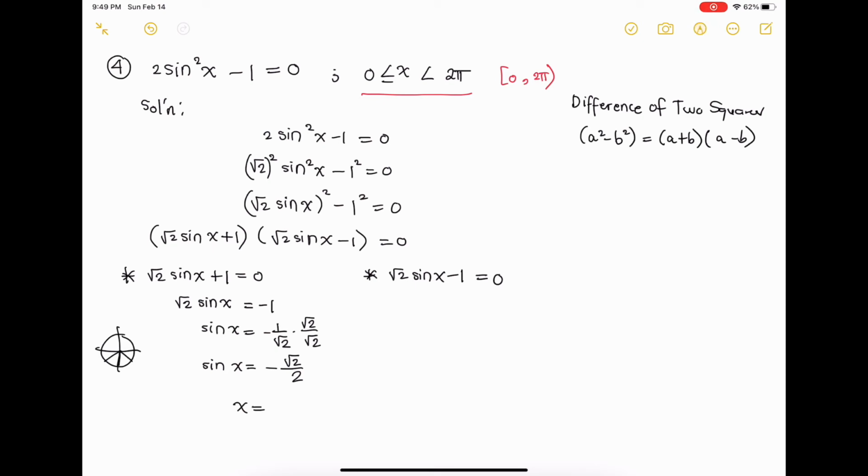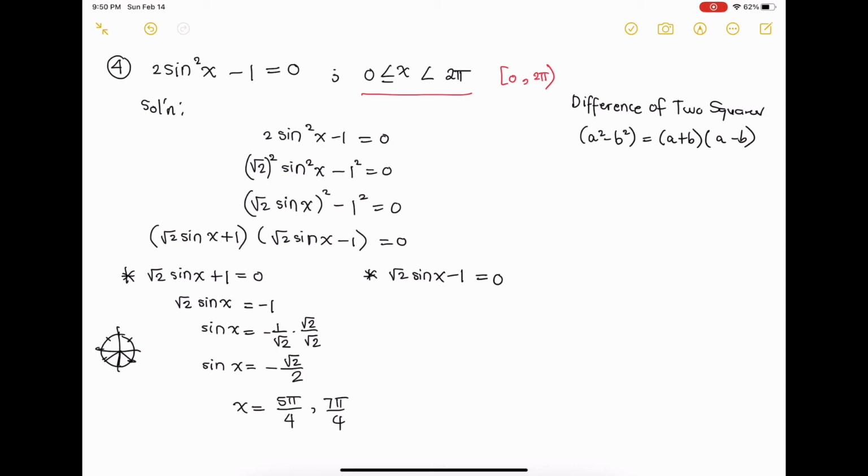So that's basically 1, 2, 3, 4, 5. So that's 5 pi over 4 and 7 pi over 4. So we have two answers for the first set.